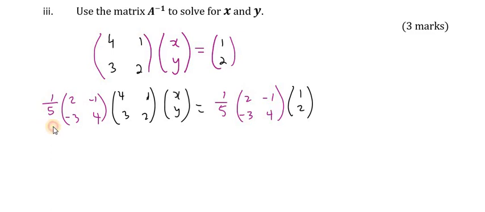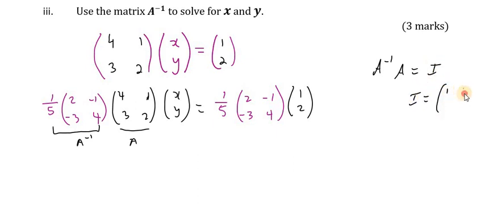Now when you multiply A inverse by the matrix A, what do you get? Remember, the inverse of a matrix times A will give you the identity matrix. And the identity matrix consists of 1, 0, 0, 1. So you can watch the previous videos. In the description, click on the link that says example 1, and you will see how to multiply this out.